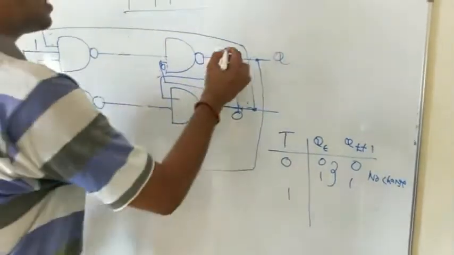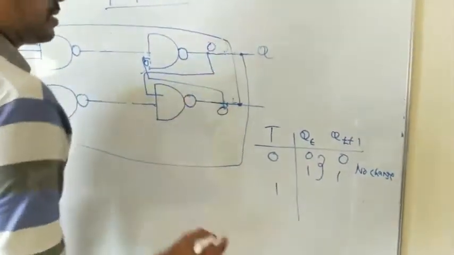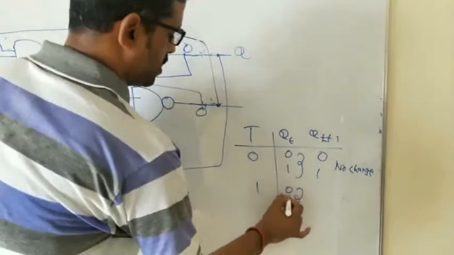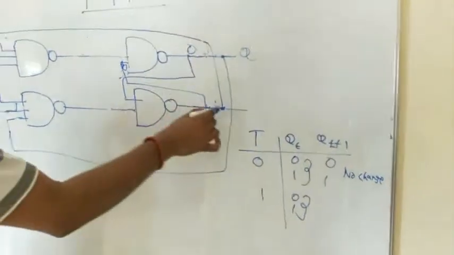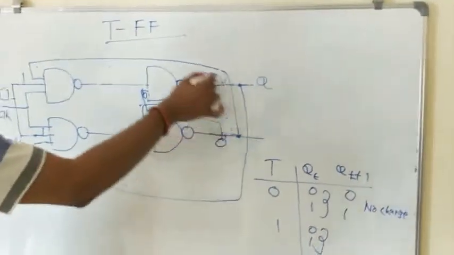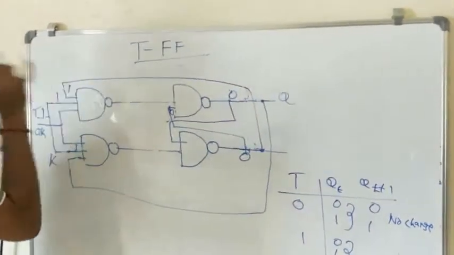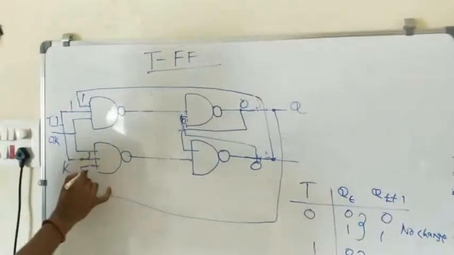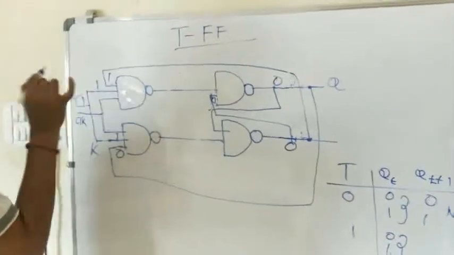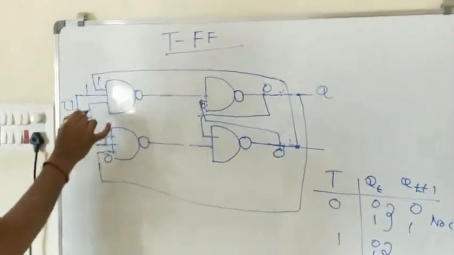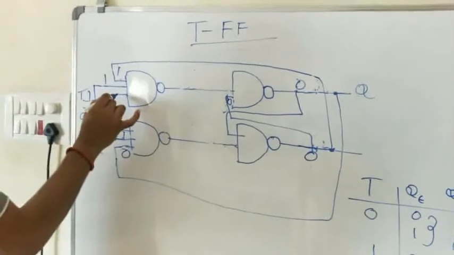We'll assume the present state Q as 0 now. 0 means what is happening? Q dash becomes 1. Q becomes 0 here. Here all the inputs are 1. I have already told you once again that clock input is assumed to be always 1.